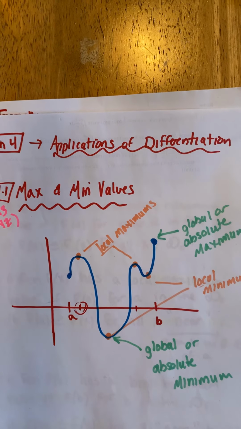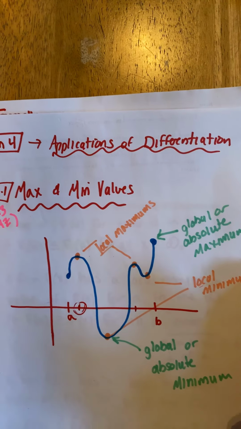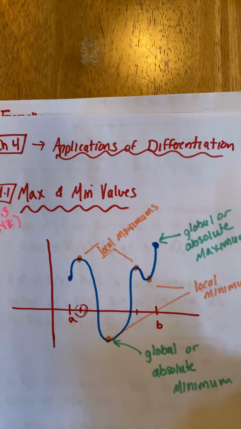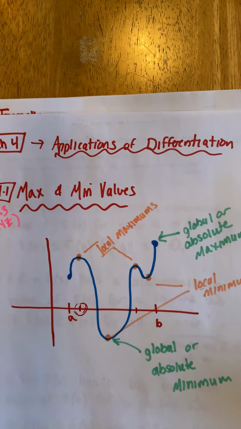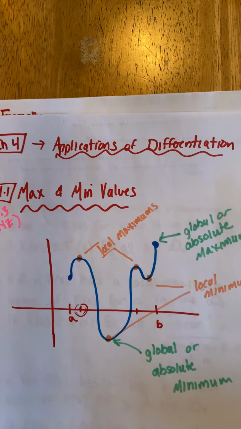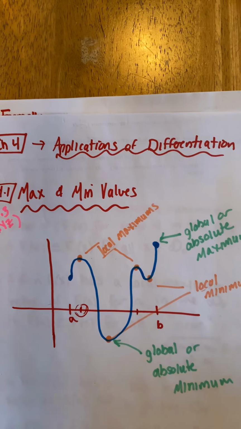You may come across something that doesn't exactly fit in there, but eventually we will cover the material that you need to answer those questions. So anytime, please email me, come to the virtual office hours, and we will figure this out and get through it together. Okay, max and min values, so applications of differentiation.